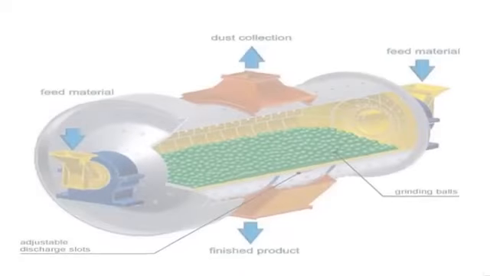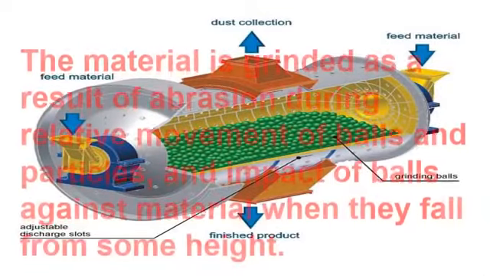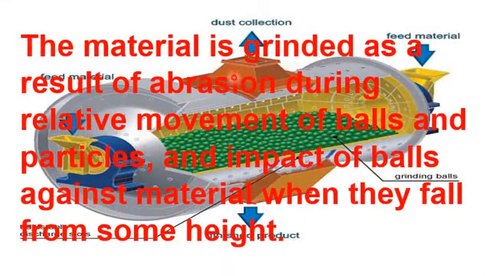Dear student, please note that in ball milling, the material is ground as a result of abrasion during a relative movement of ball and particles, and the impact of the ball against the materials when they fall from some height. Okay, so in simple words, the ball milling process is simply a grinding process of a bulk material.